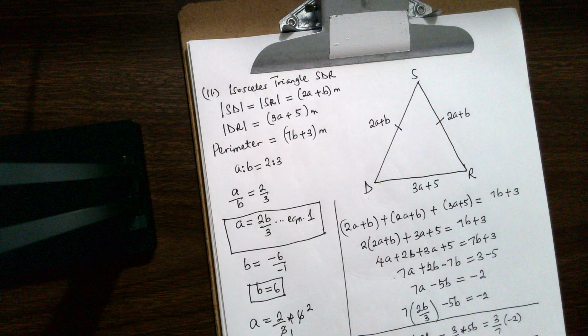And then 3a plus 5 is 3 times 4 plus 5, which is 3 times 4, 12 plus 5, 17 meters. Okay, we have 14 meters and 17 meters.